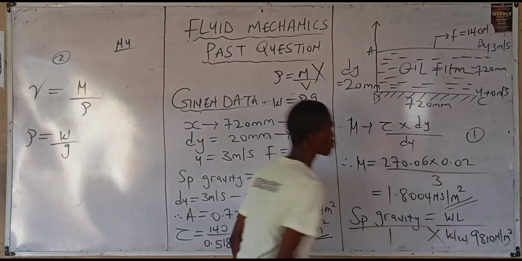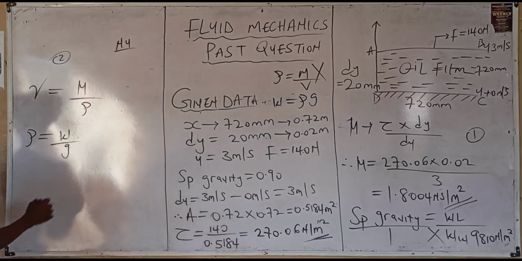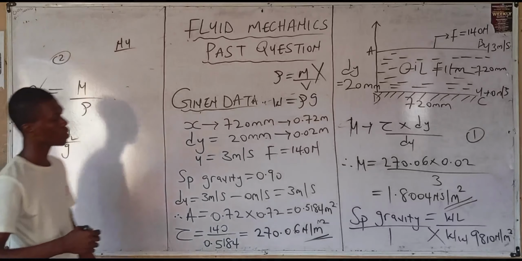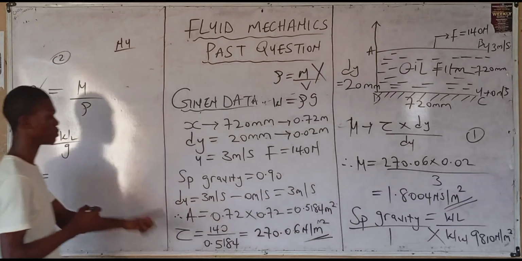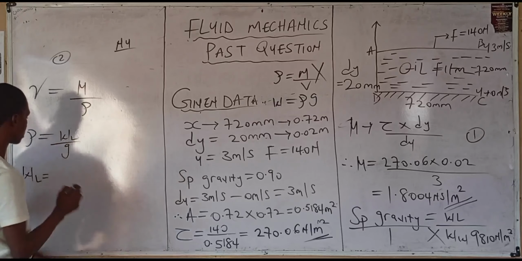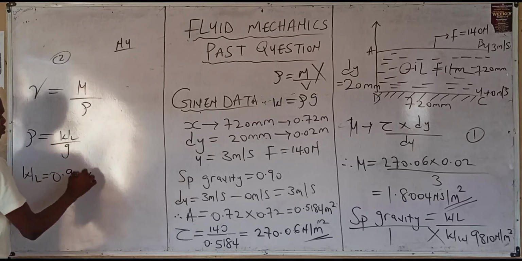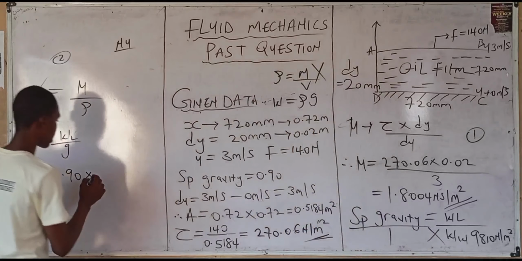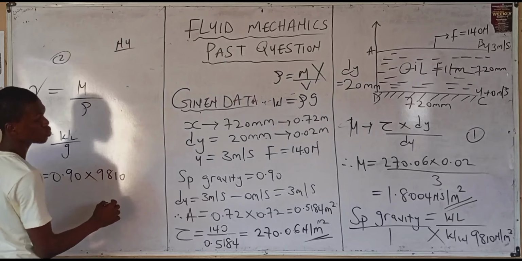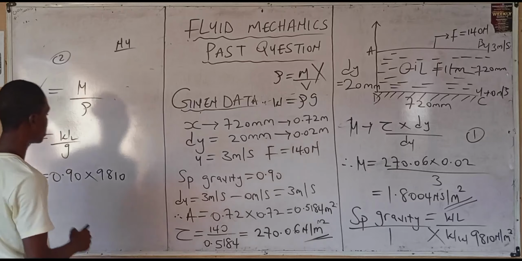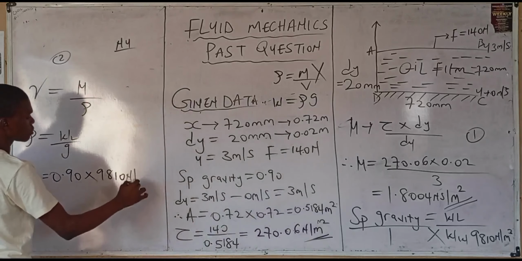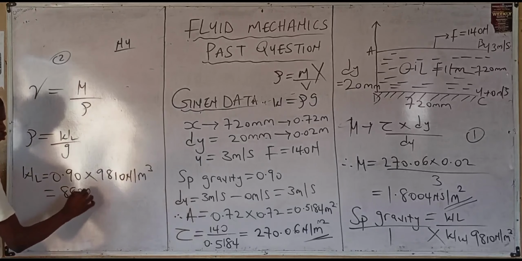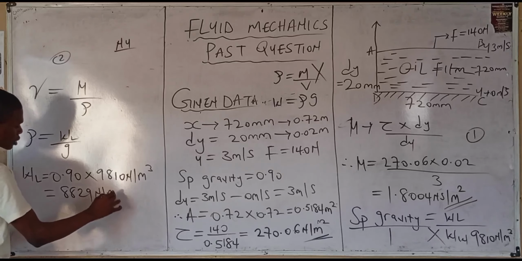That is, you are cross multiplying, meaning that specific weight of liquid is equal to specific gravity, and what's the value? 0.90 times specific weight of water, that's 9810 Newton per meter cube, and this is equal to 8829 Newton per meter cube.